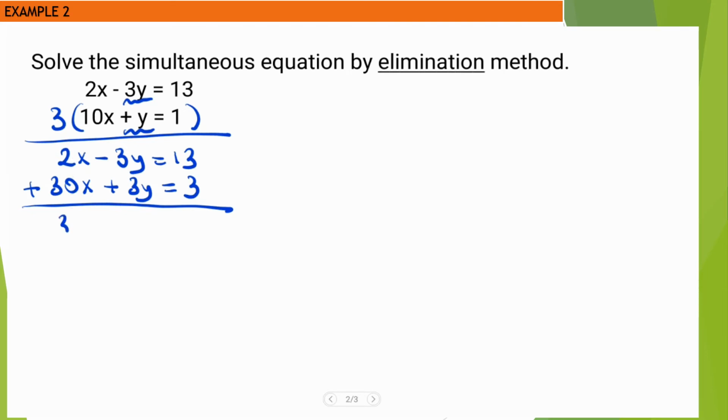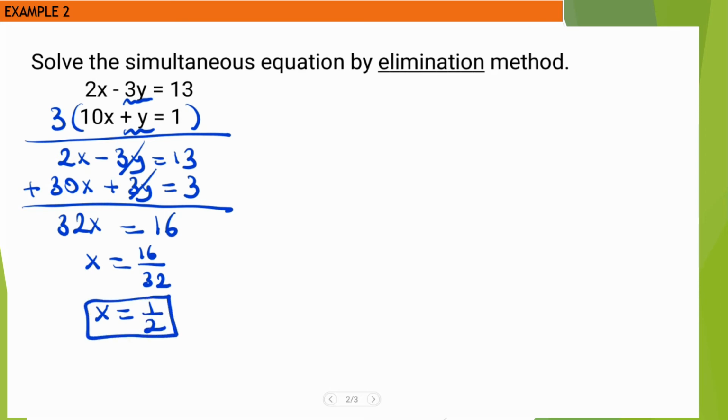This is 32x, and 3y and 3y, because one is minus, the other one is plus, they cancel each other, and equals 13 plus 3, 16. Now divide both sides by 32. You will get 16 over 32, which is simplified to 1 over 2. So you get the value of x.